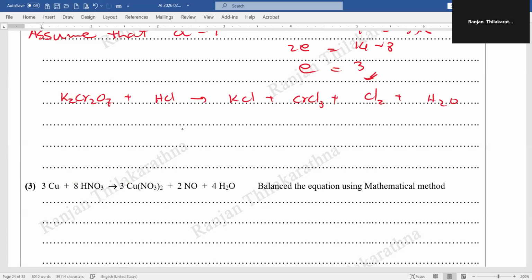Then A equals 1. I assume that A equals 1, so no need to write down that one.